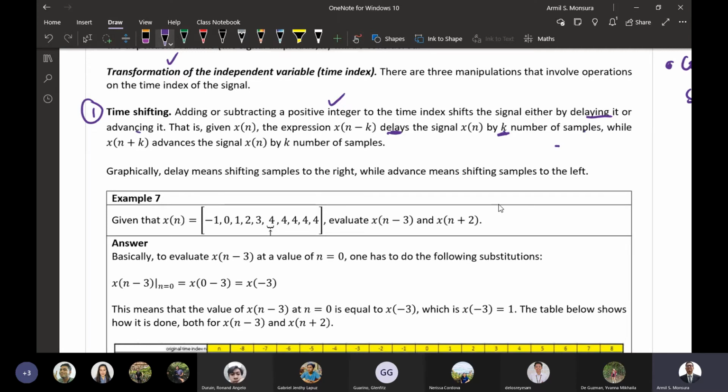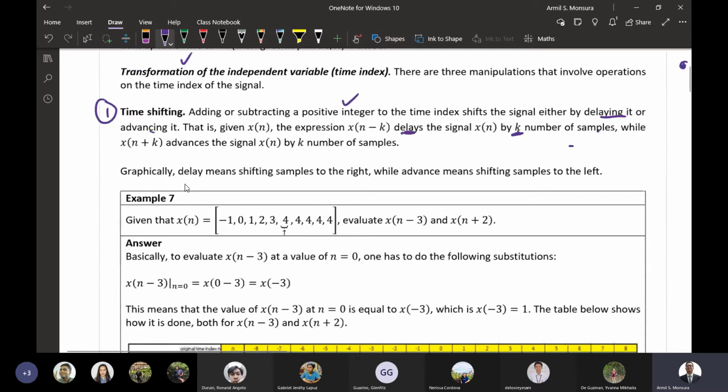Okay, ito lang ha. So in practice, shifting for real-time signal processing.